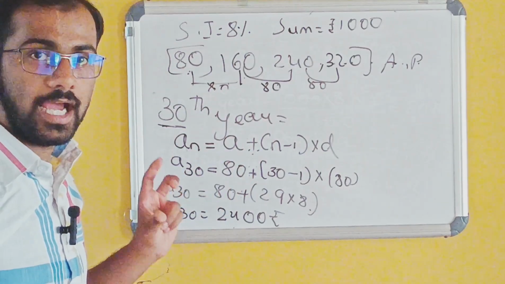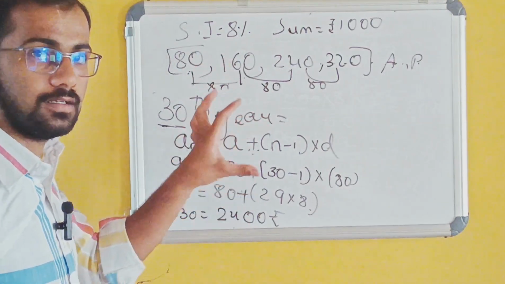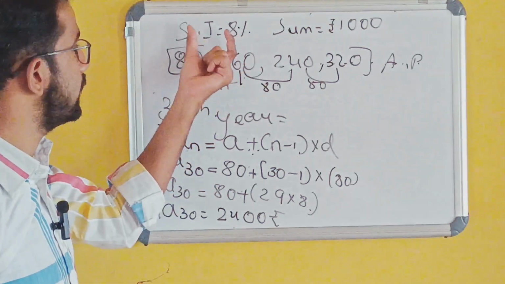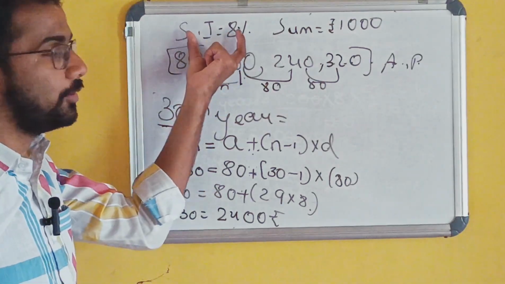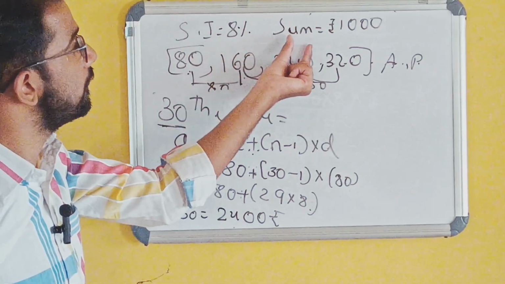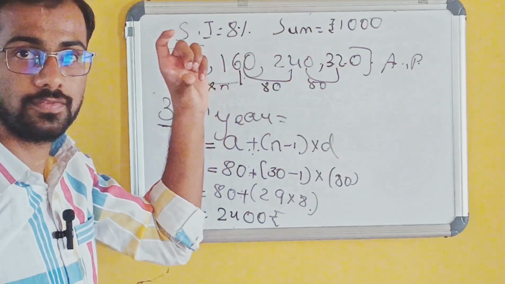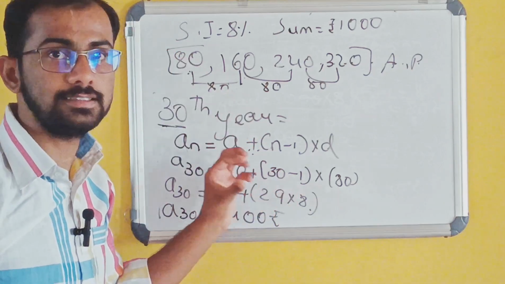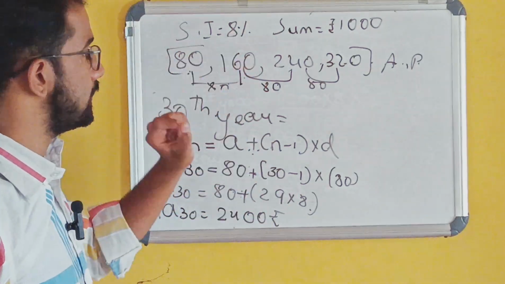This is how we have to solve. I will explain once again the main things over here. They have given you simple interest at 8%, and they have given you the sum amount he invested at the starting at 8%.